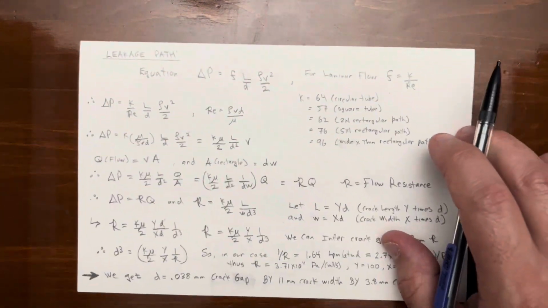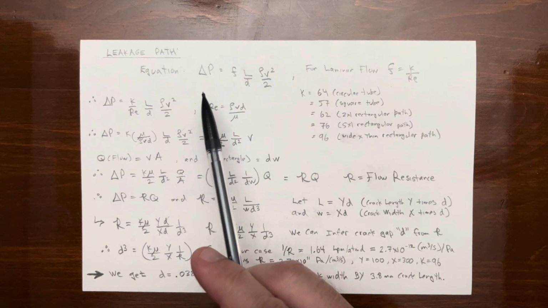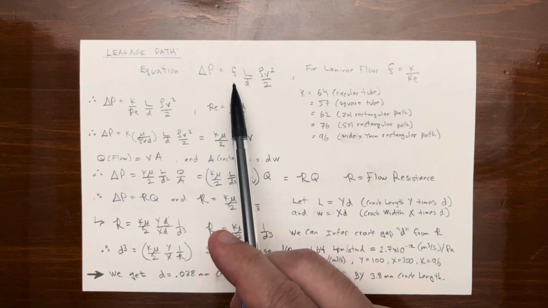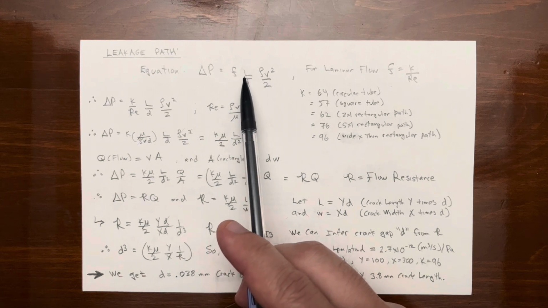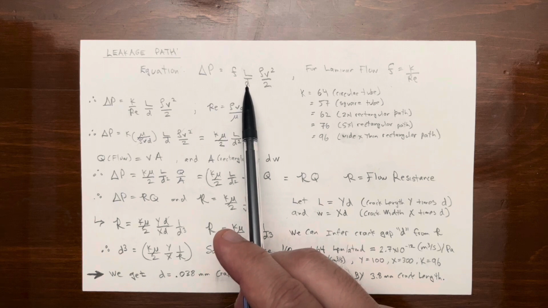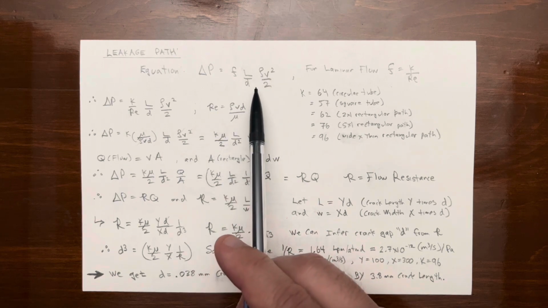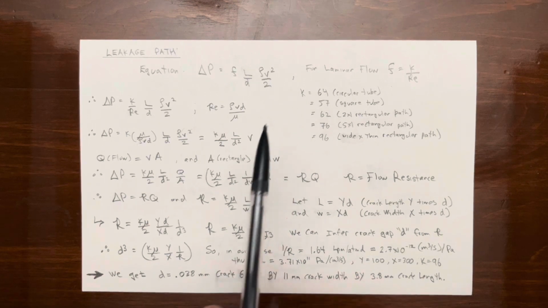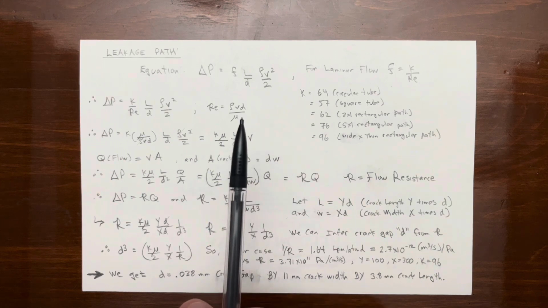And this is a fairly well-known formula. It's a standard leakage equation. Delta P equals friction factor times flow path length divided by the diameter times density times speed squared over 2. That's pretty standard. I'm presuming laminar flow because this leak path would have been a very narrow gap.